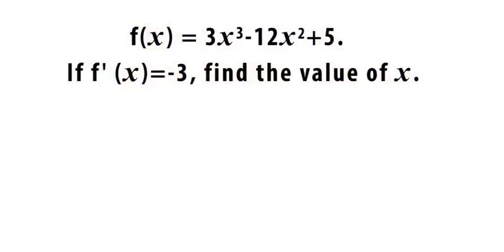Let's take another example. F of x is equal to 3x cubed minus 12x squared plus 5. If f prime of x is equal to negative 3, find the value of x. Let's take the solution. The dy/dx, you know, is also f prime of x.